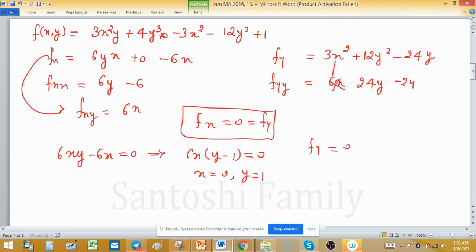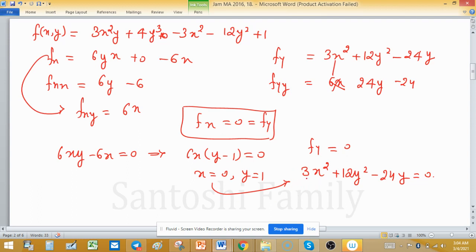Now fy is 0. This implies 3x square plus 12y square minus 24y is 0. Now because we need to check where both are 0, substitution will help us find the critical points.